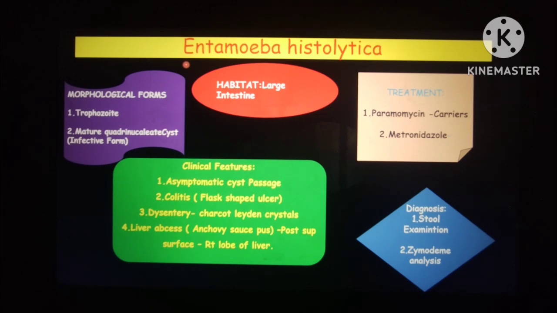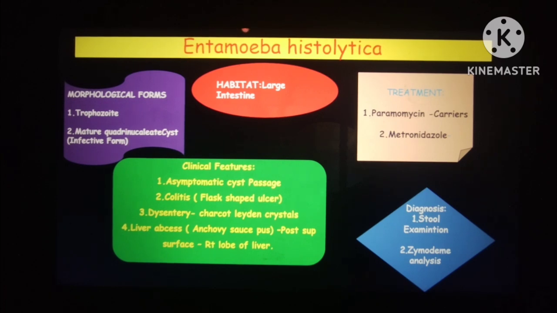Like Entamoeba histolytica usually resides in the small intestine, large intestine, or it can be the stomach. So the options will be very clear, not that deep or elaborate, and you can make out the answer very easily.